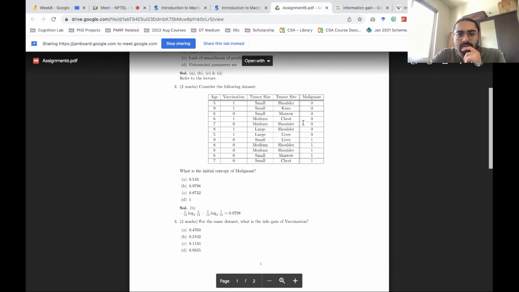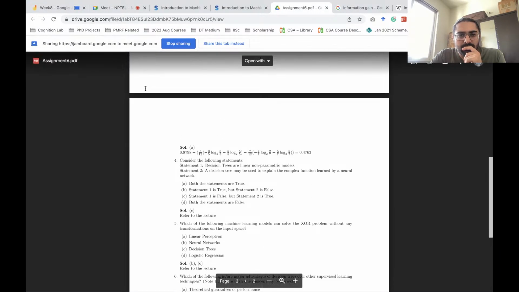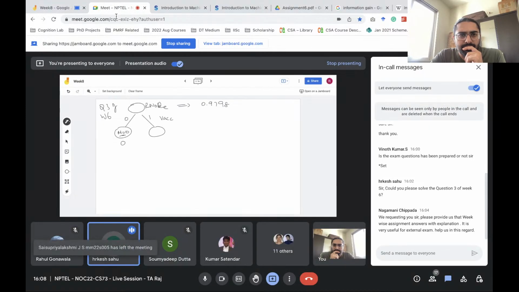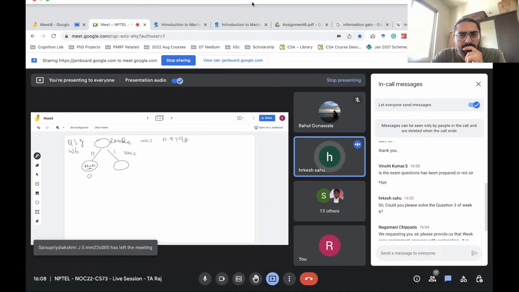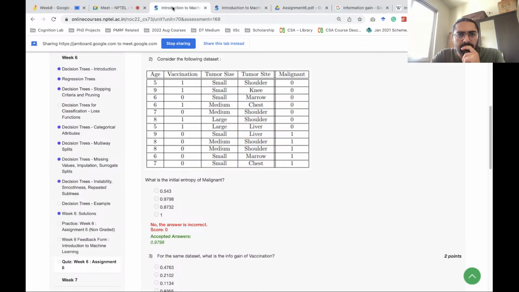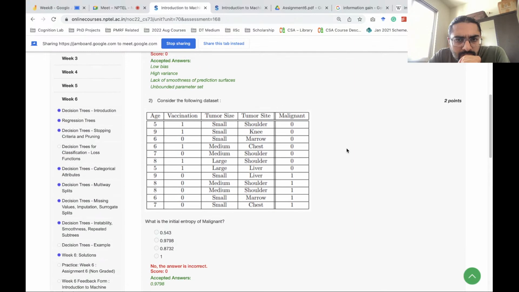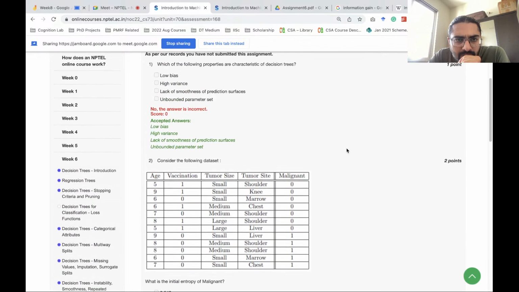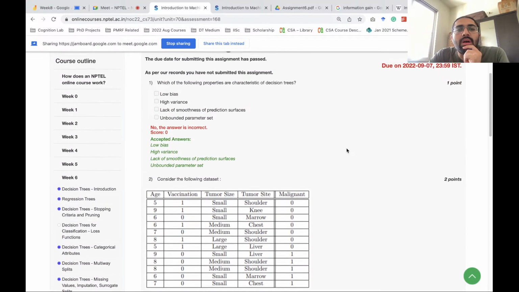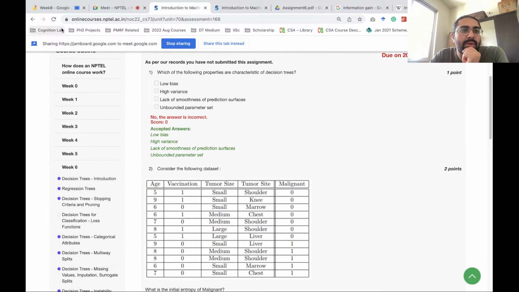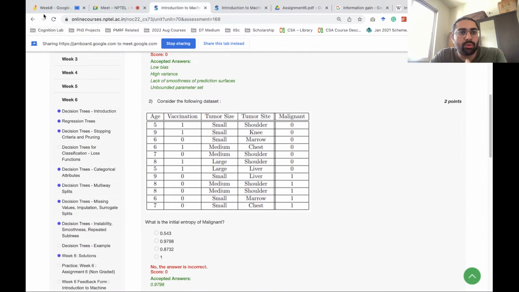Sorry to interrupt. Raj, why do we take the root node as malignant? It is not mentioned in the question. No, so what is your prediction target here? What you want to predict.